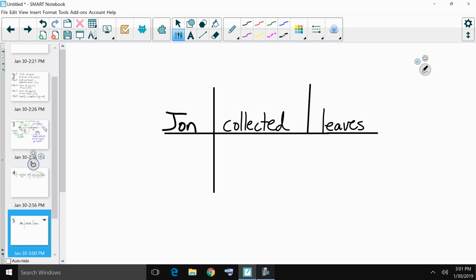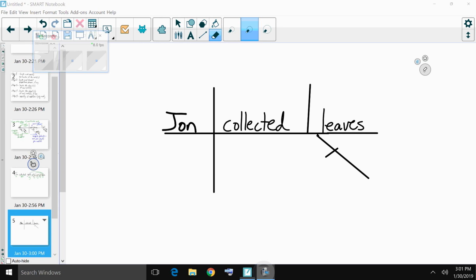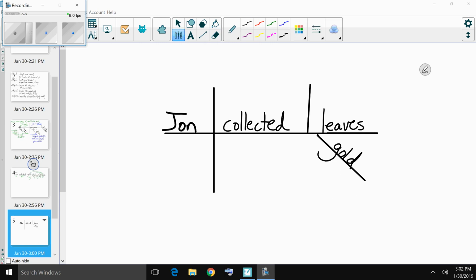Gold. It has to go in order. What's the next one? Yellow.